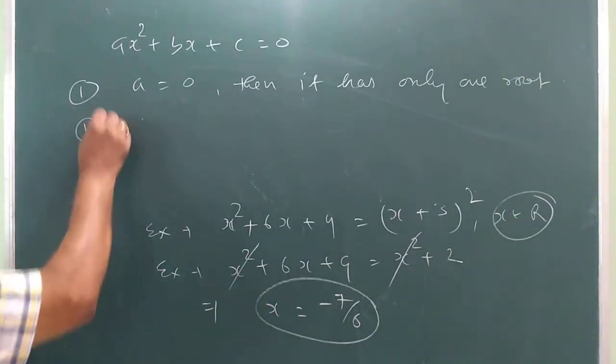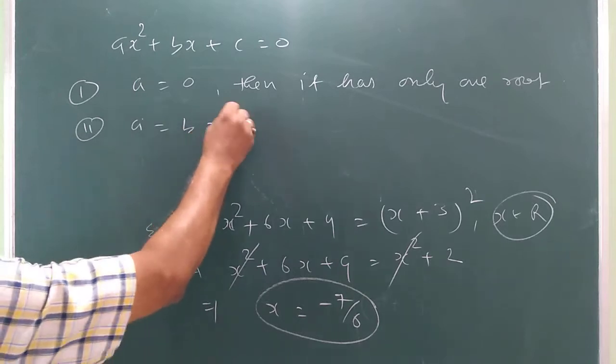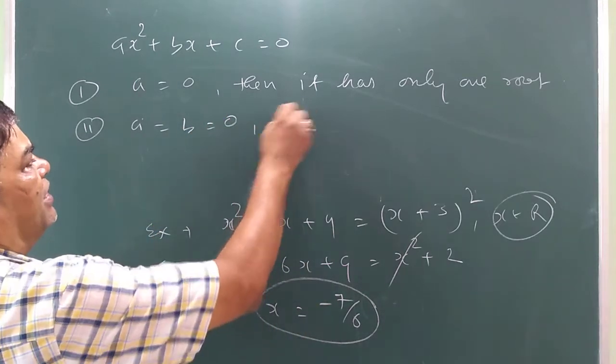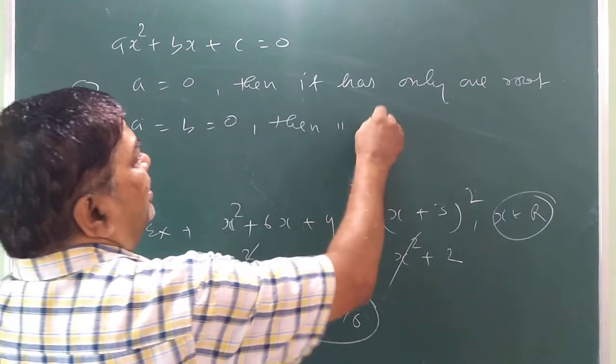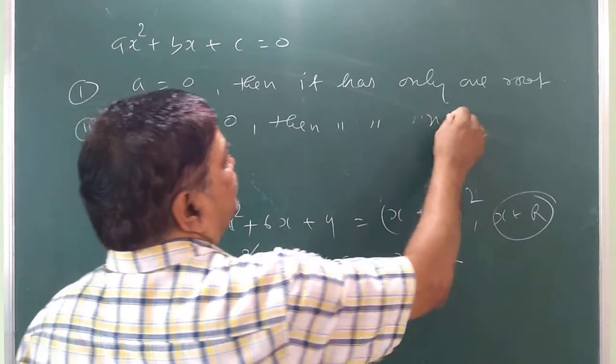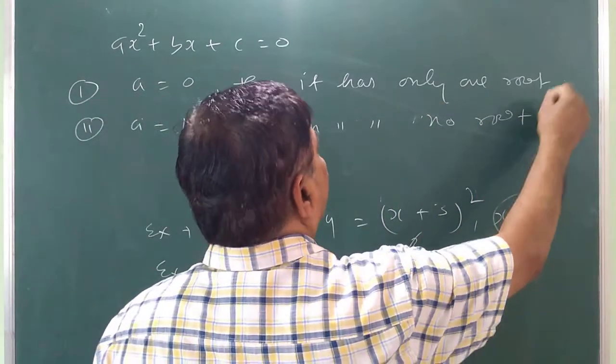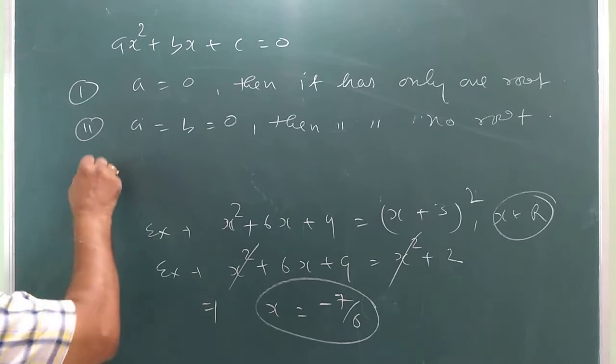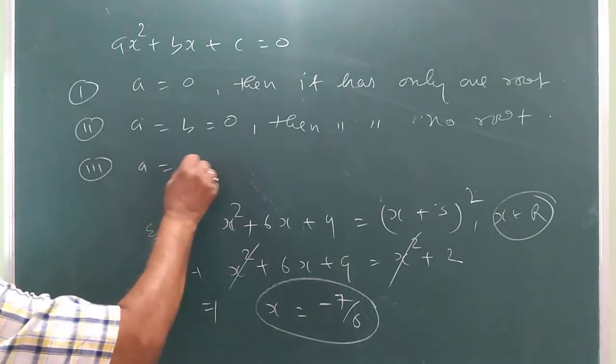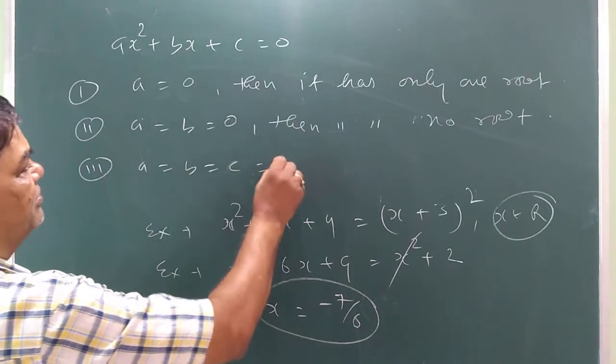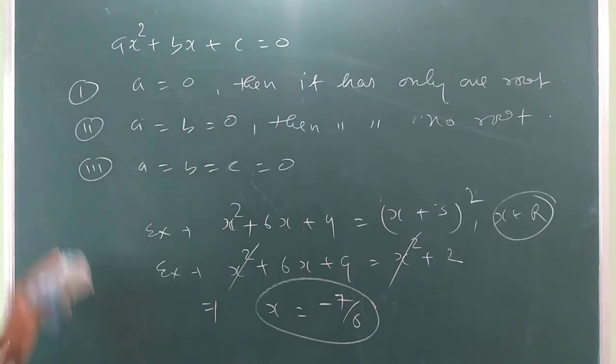Similarly, if a is equal to b is equal to 0, then it has no root. And if a is equal to b is equal to c is equal to 0, then what should happen?